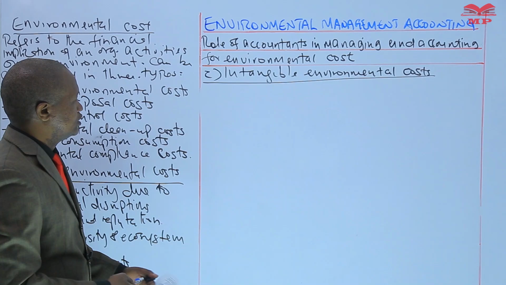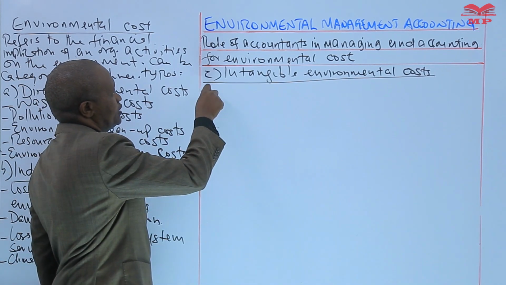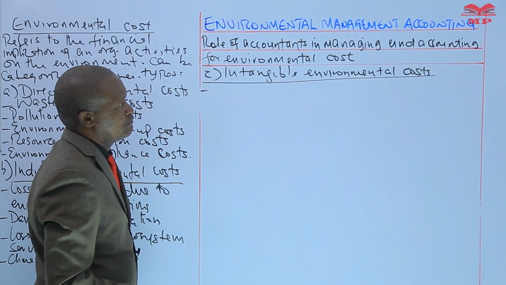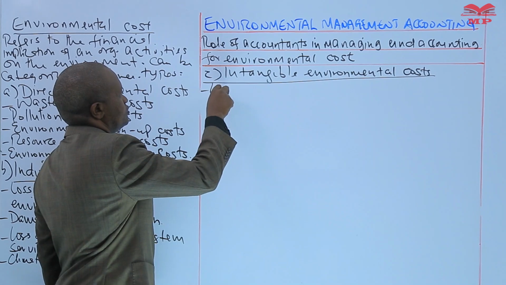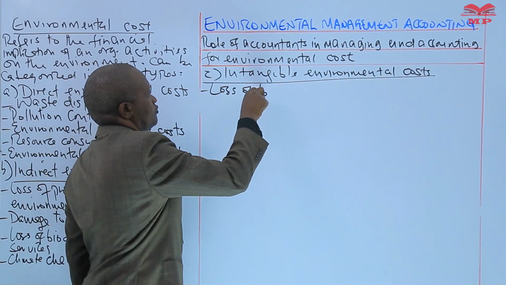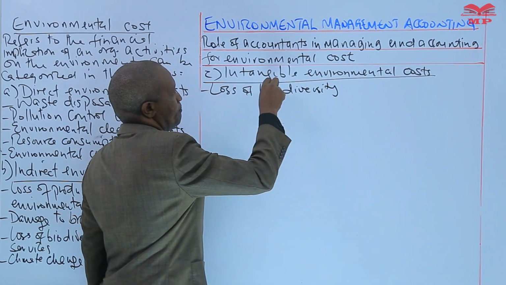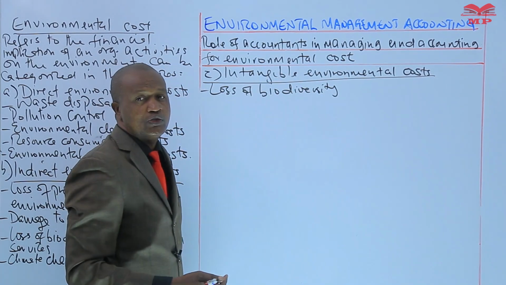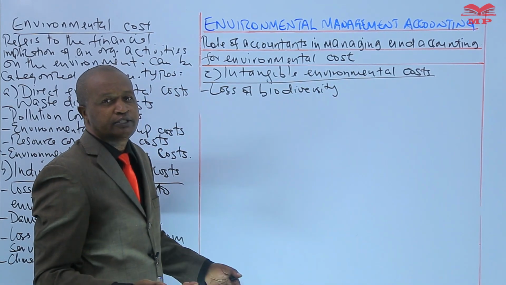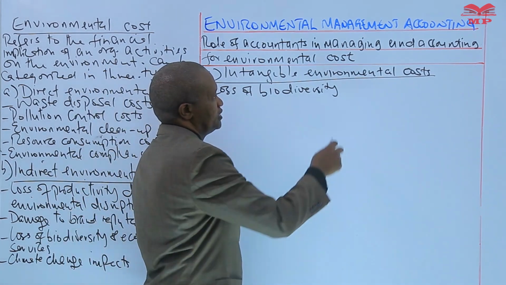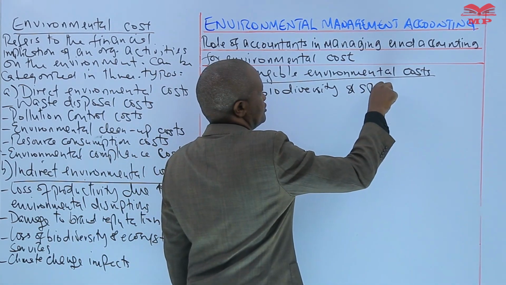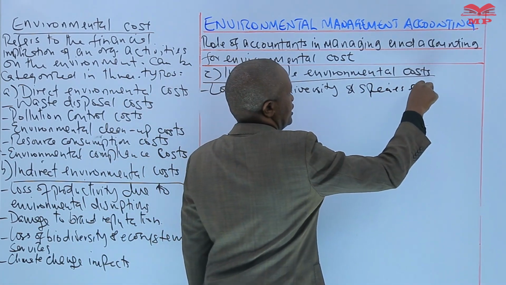And that may include loss of biodiversity, including loss of species and species extinction.